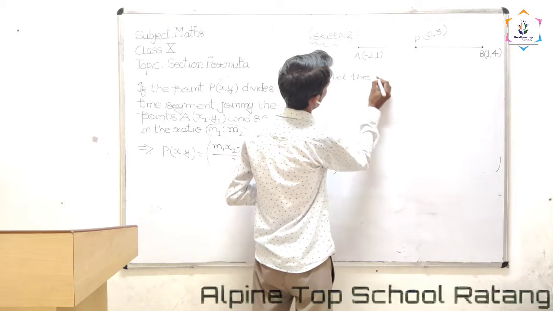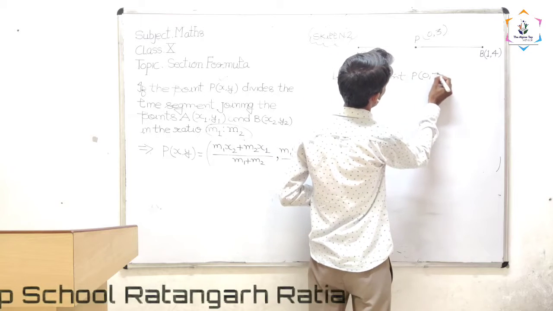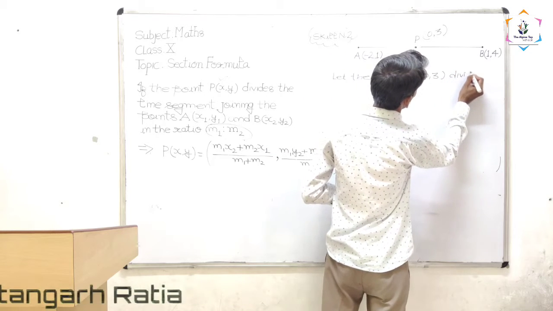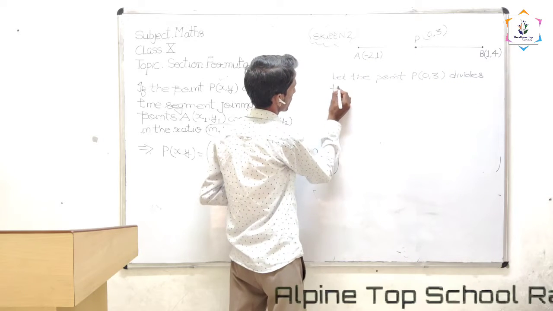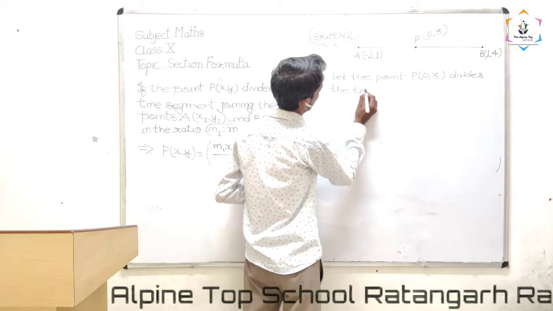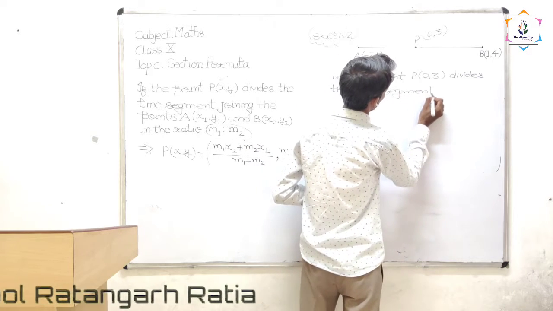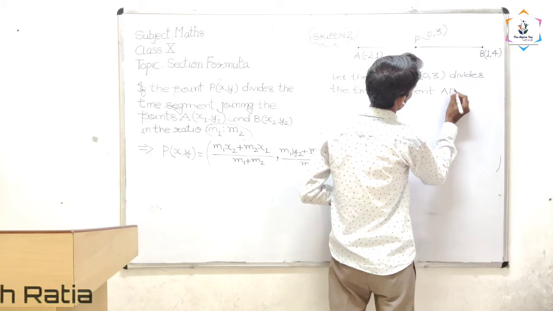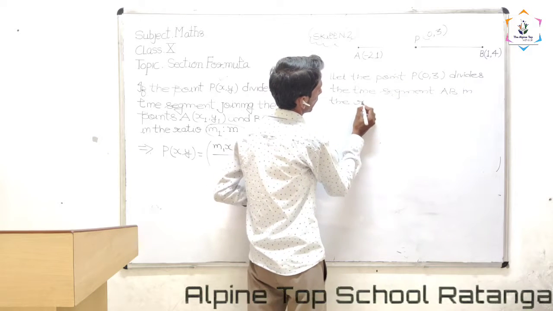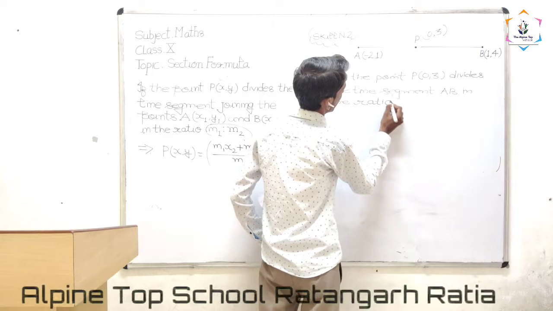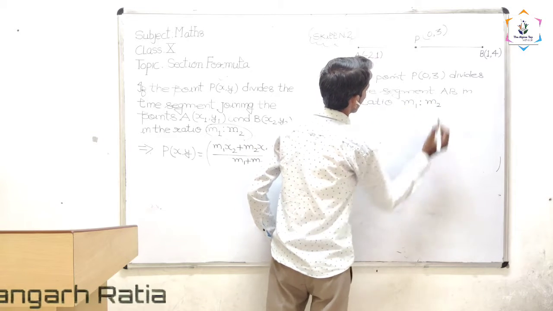Let the point P (0, 3) divide the line segment AB in the ratio m1 : m2.